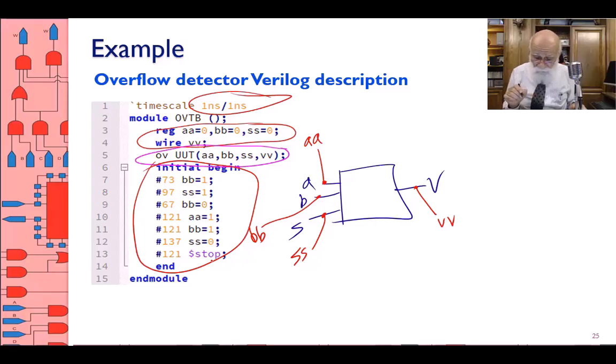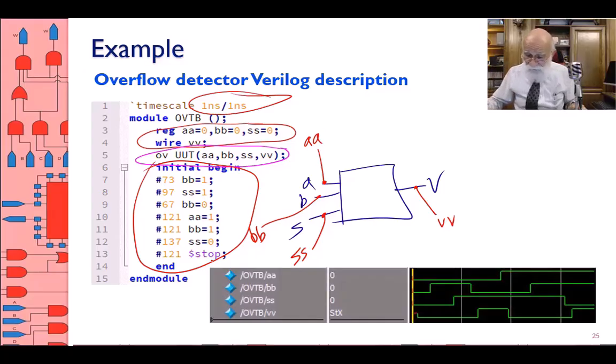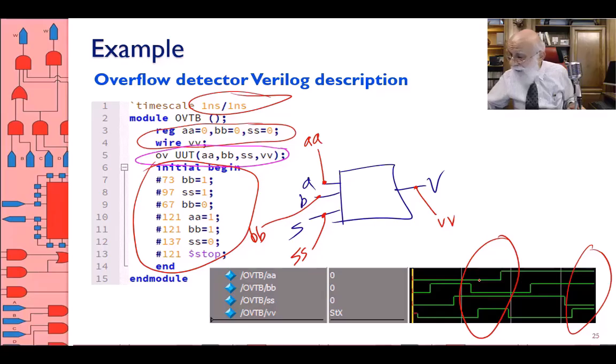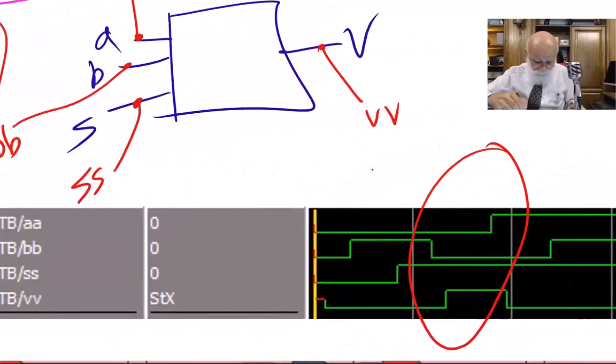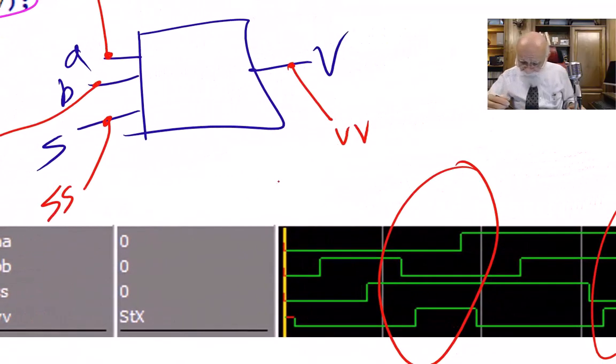Okay? And so what I'm really doing, I'm putting some waveform on the inputs, and I simulate this, and then you will be seeing that the simulation result is going to give you this. This shows that several cases, one is this one here, and one is this one here, I am getting overflow. And notice the important thing here, that my overflow output is happening after a delay. Look at the VV output.